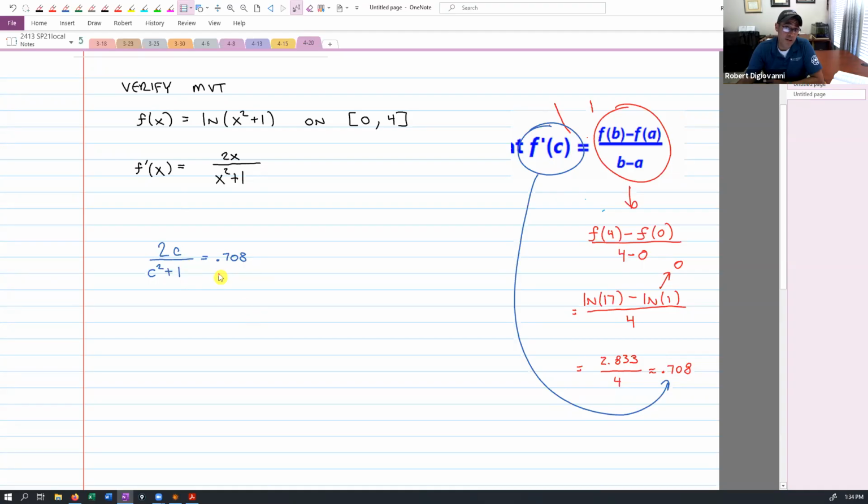And now I have to solve this. The way I would solve this is I would clear the fractions. I'd multiply both sides by c squared plus 1. That would cancel them out here. I get 2c over here equals, then I distribute that through, 0.708 c squared plus 0.708.